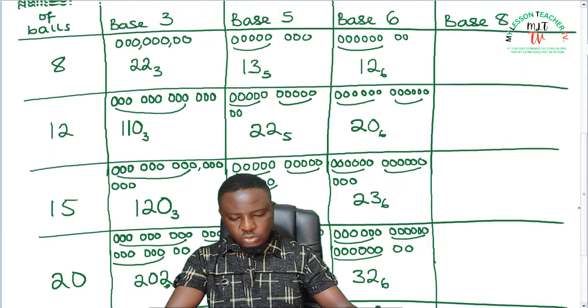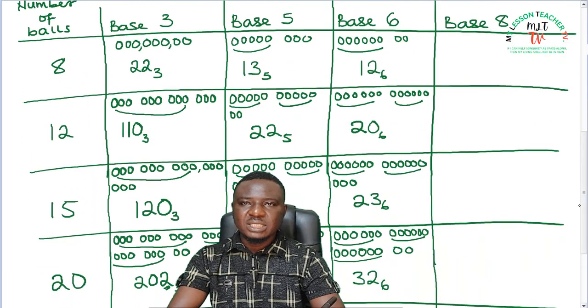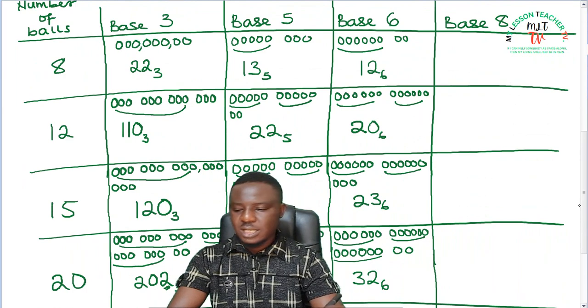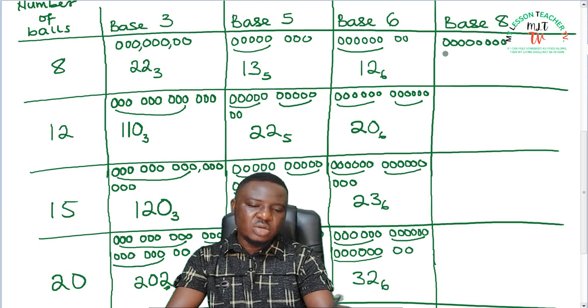So let's convert for base 8. We are asked to convert 8 to base 8. 8 is not a digit in base 8, and so we have to convert it. This becomes 1, 2, 3, 4, 5, 6, 7, 8. Group them in terms of 8, remainder 0. So this is one group of 8, remainder 0.